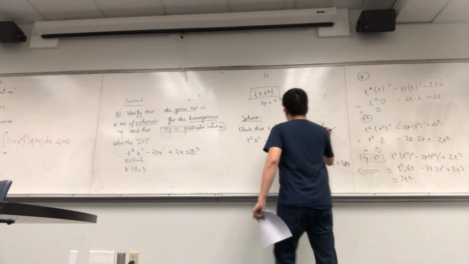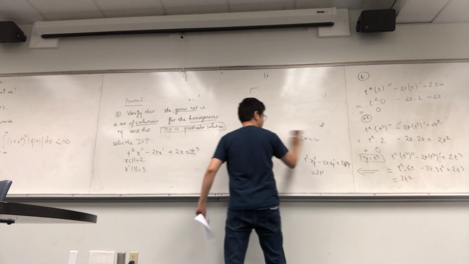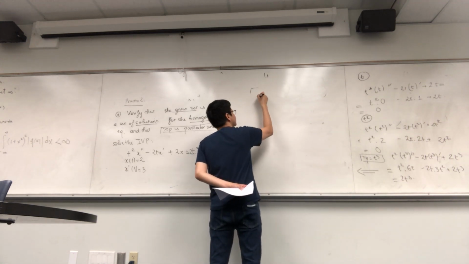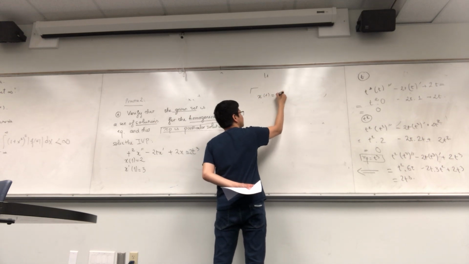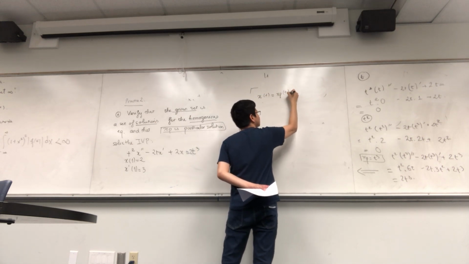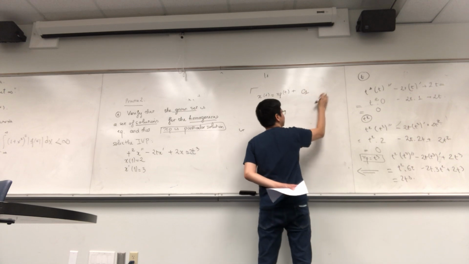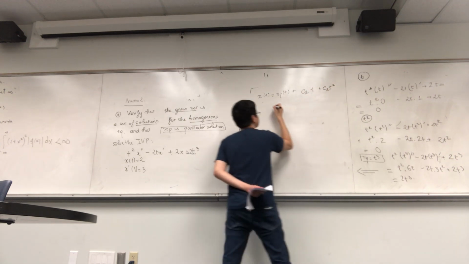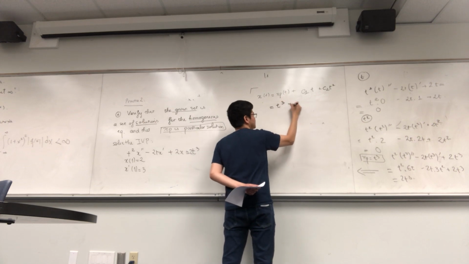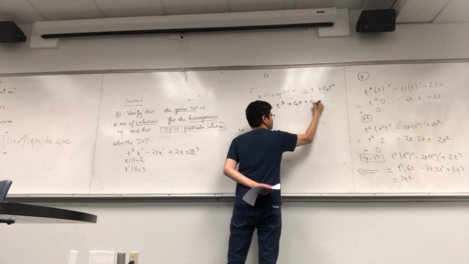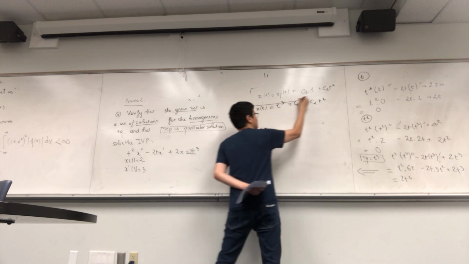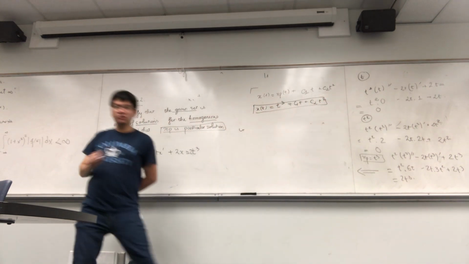So the general solution x of t will be xp of t plus c1 t plus c2 t squared. So this is t cubed plus c1 t plus c2 t squared. This is the general solution.